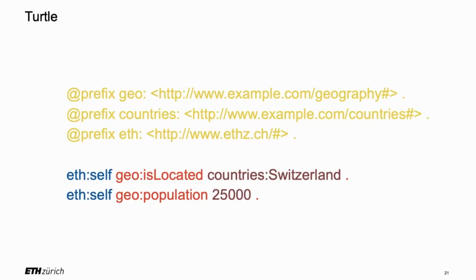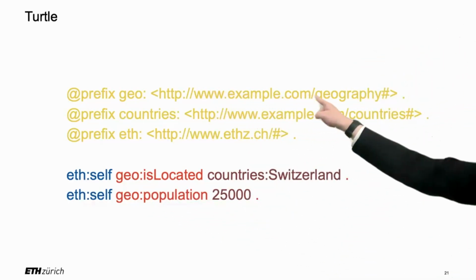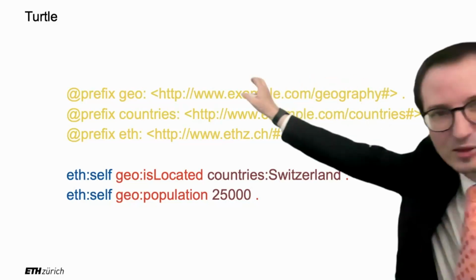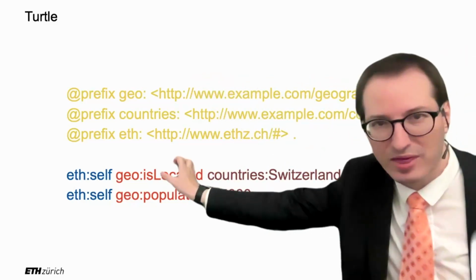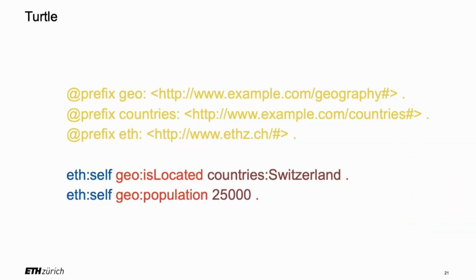So when they have this geo:isLocated, it really means for them http://example.com/geography#isLocated. They really paste that together with that and get again a URI, right?